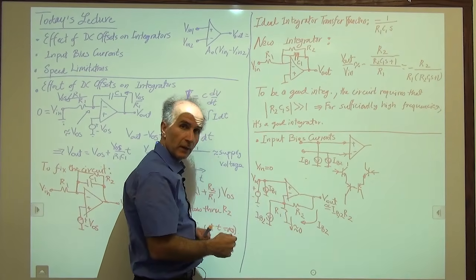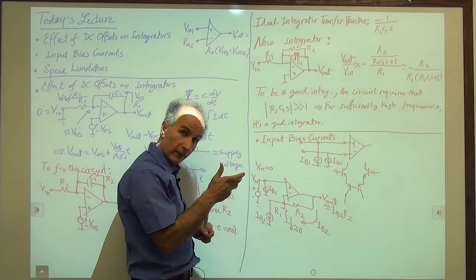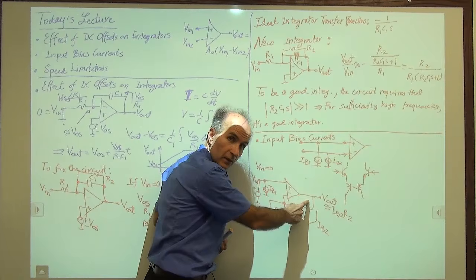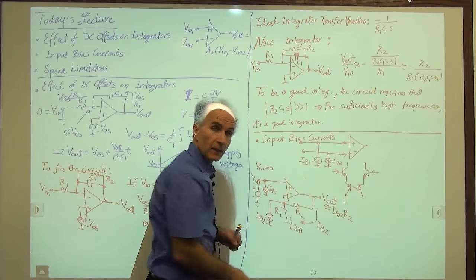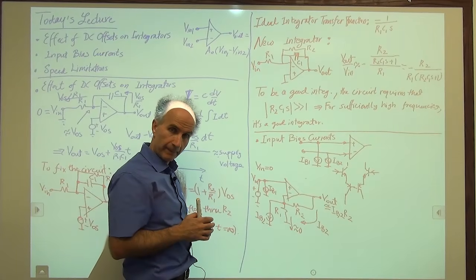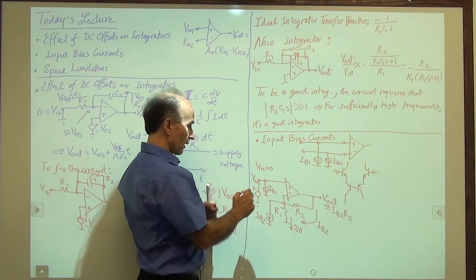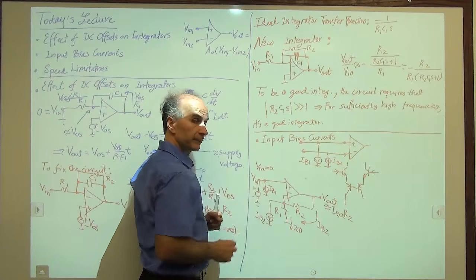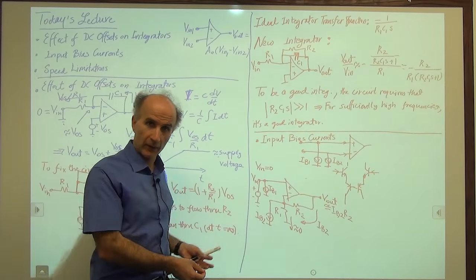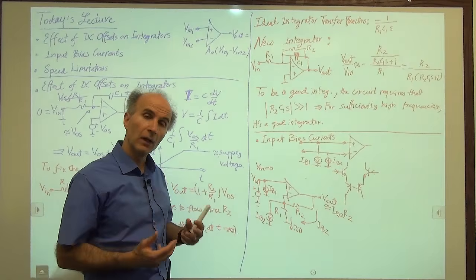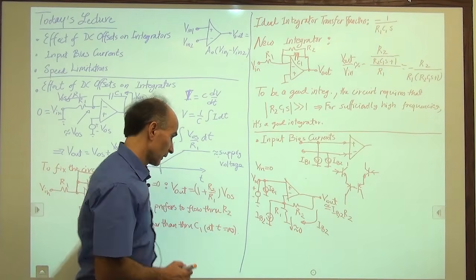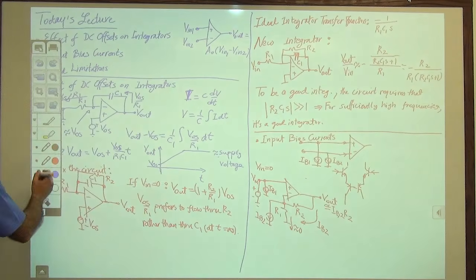If I pick the polarities right, maybe this voltage source, after amplification, is exactly minus this, so they cancel each other and the output is 0. But I can't really buy a battery and put it there, so I have to figure out how to create such a voltage. There's a very simple way, so let me show you how that is done.